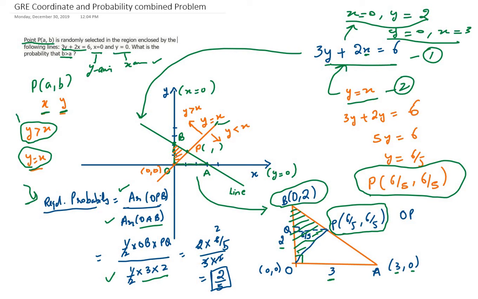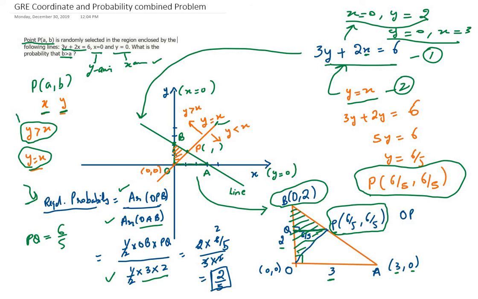Now the area of OPB. To find it, I dropped a perpendicular from P to the line OB. What will be the length of this perpendicular PQ? The x coordinate of P is 6 by 5 and this is my y-axis, so PQ will be equal to 6 by 5.